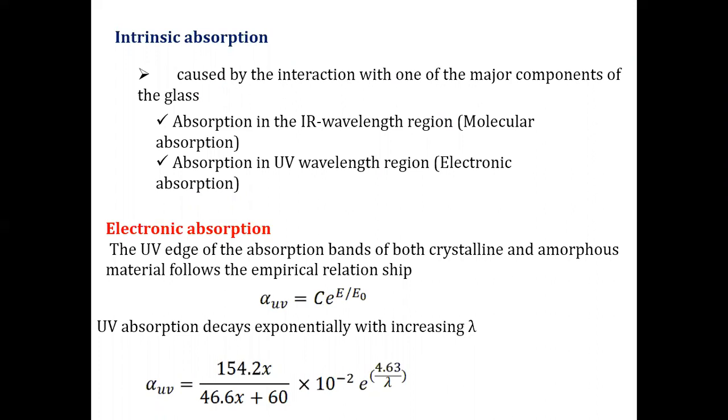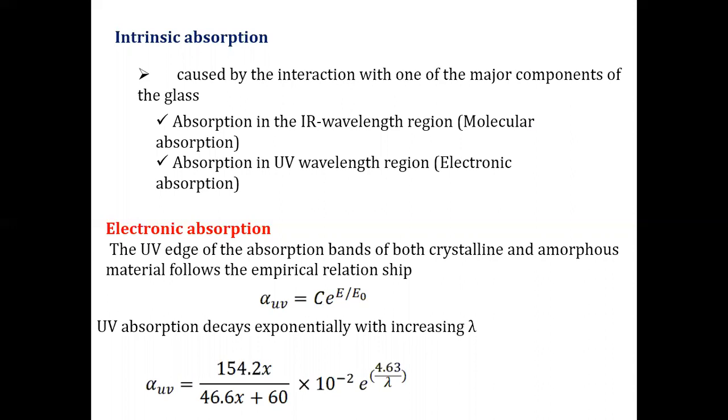Here we have two major absorptions: one is the electronic absorption band in the UV region, and the other is atomic vibration bands in the near infrared regions. First we can see about the electronic absorption.